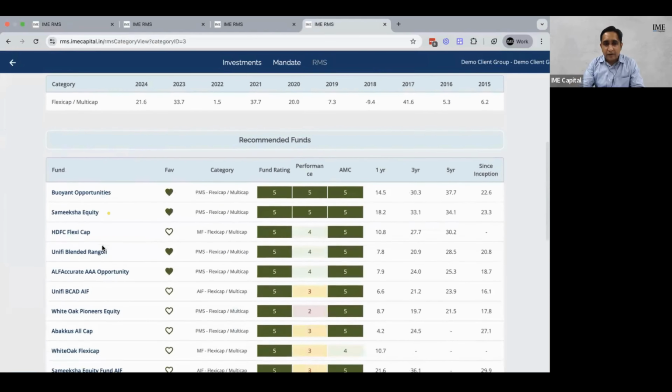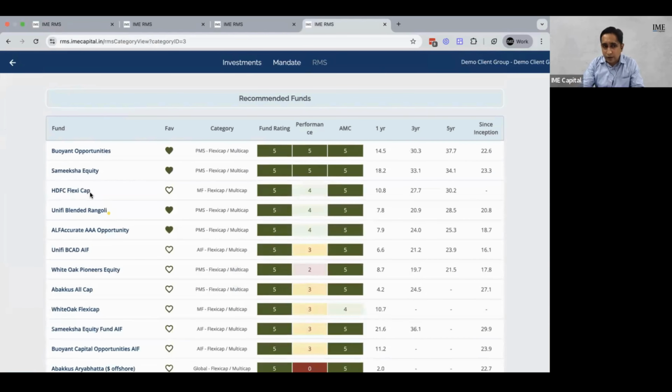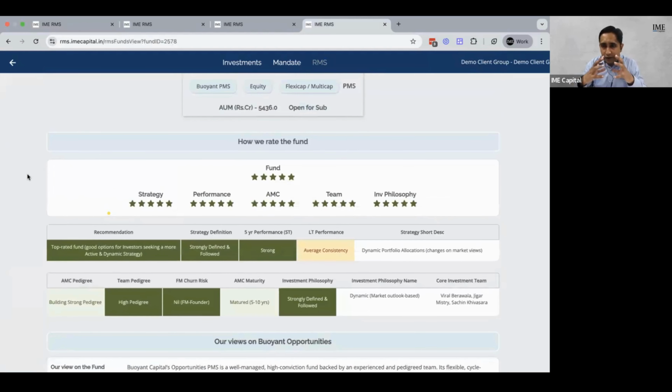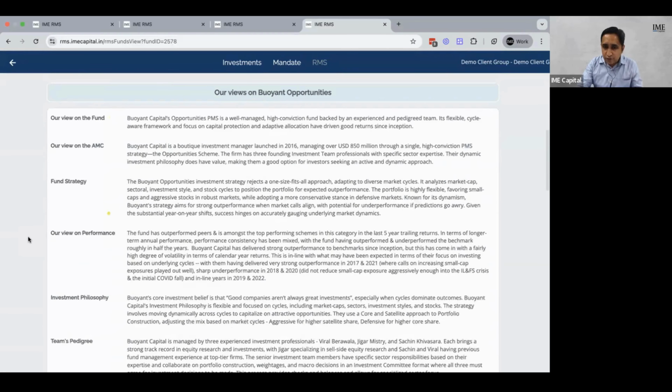If you go into FlexiCap, as a category, these are some of the funds that we are recommending. If you click on any particular fund, you would see our rating criteria, the way we look at these funds. For every one of the criteria, what is the specific rating that we've given? What is it that we liked or didn't like about that fund on that criteria? Our views on the fund.